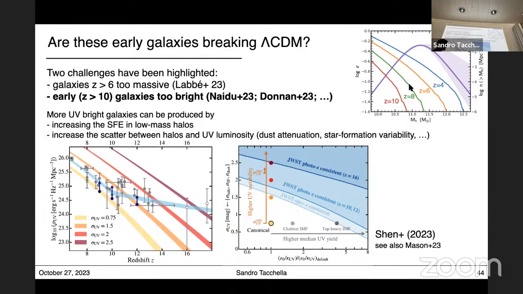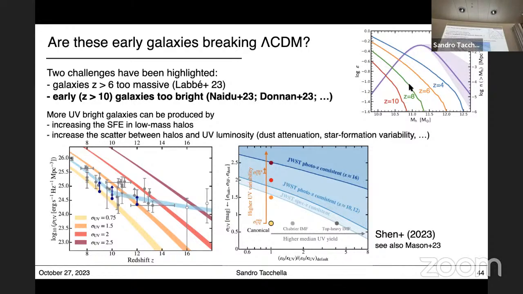And what you can do is, in this canonical point, which is showing you very little scatter and the default IMF conversion, we are basically down here. And so you're very inconsistent with what we would observe at high redshifts. But if you start increasing the scatter by a factor of 2 or 3, you suddenly start being consistent with what you observe spectroscopically or photometrically at redshift 10 to 12.